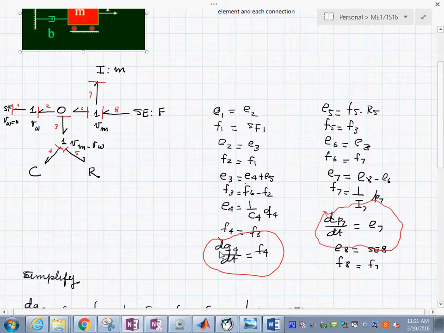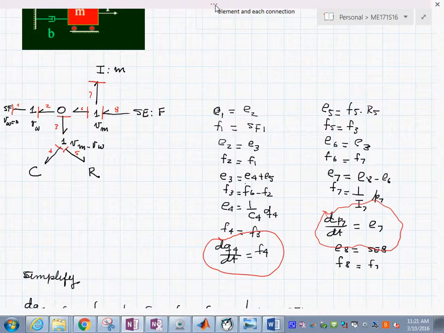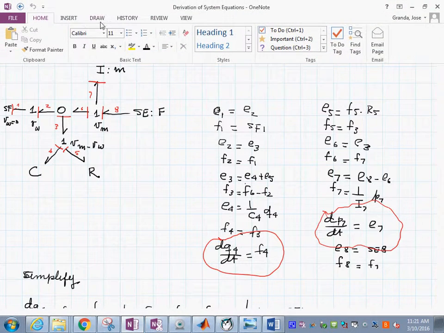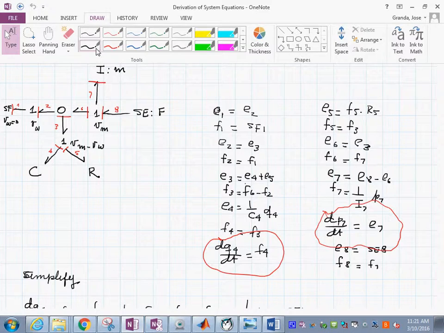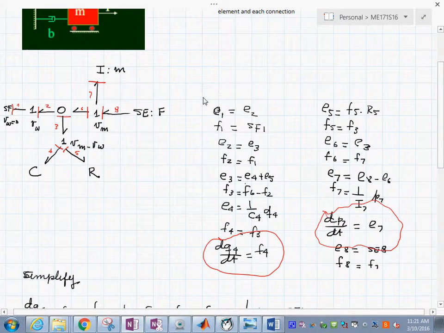So in reality, the system of equations that we have consists of this set of equations like this, the entire set of equations that correspond to this bond graph model.